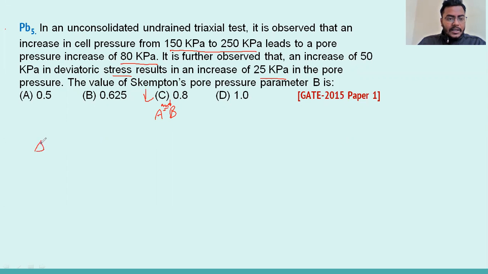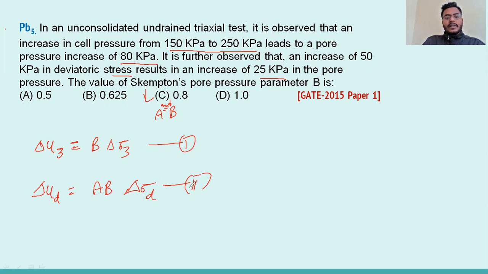When you change the cell pressure, the pore water pressure will increase, so there is a relation with B. When you change the deviator stress, the pore water pressure will also change. These two relations are very important, so always remember this.